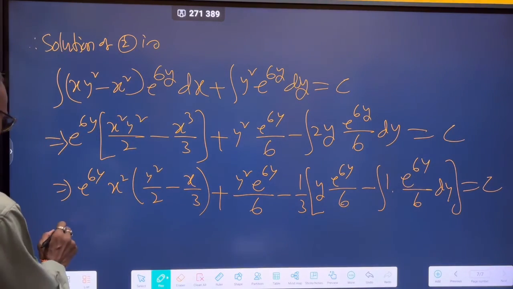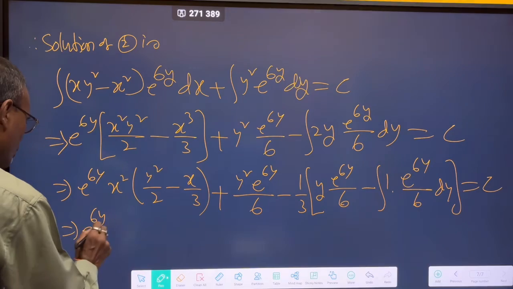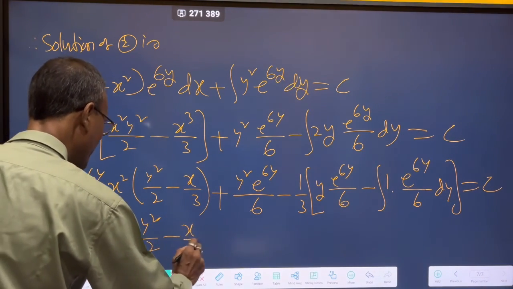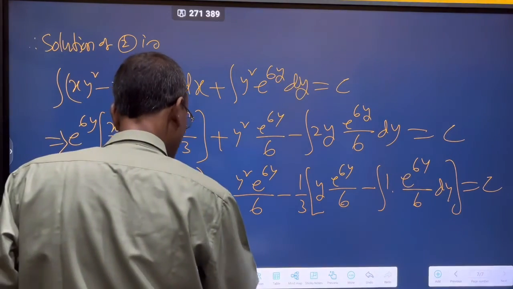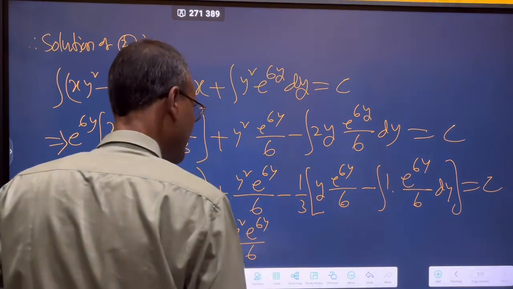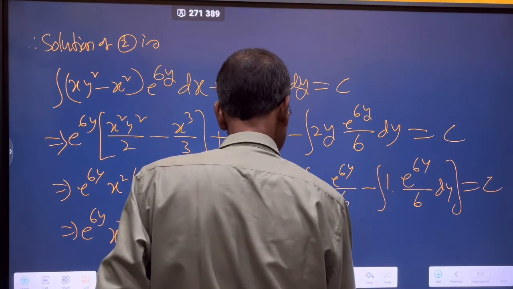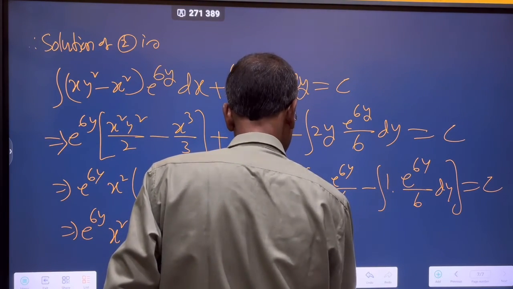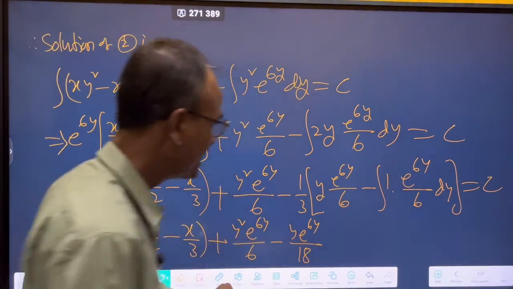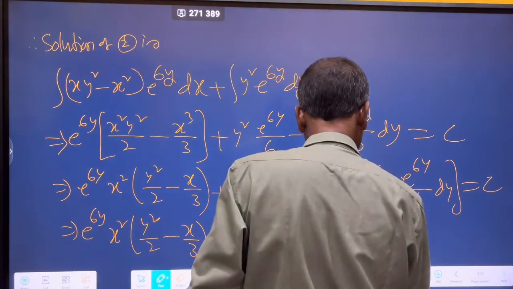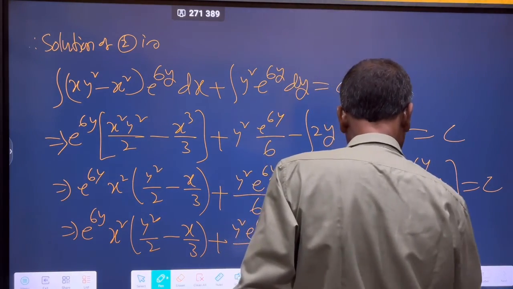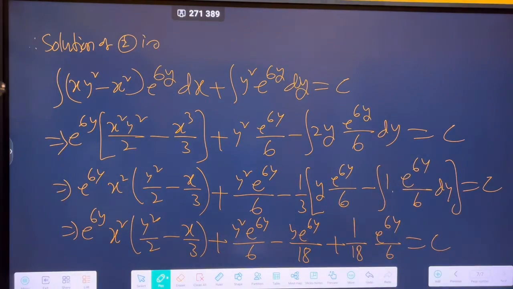You will get y e^(6y)/18 plus e^(6y)/108, equal to constant.